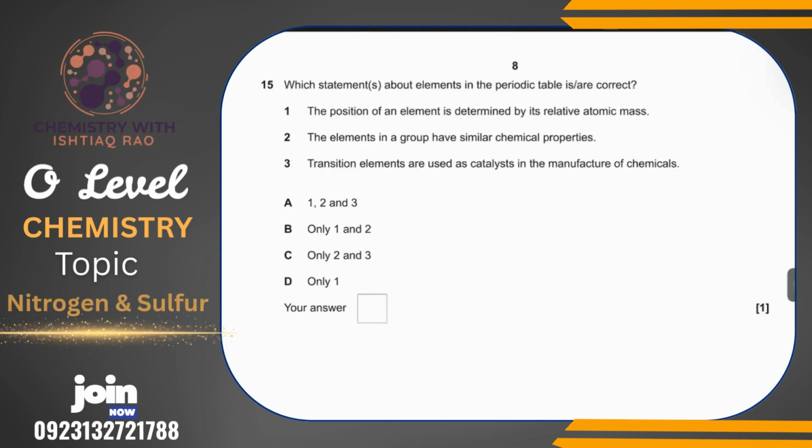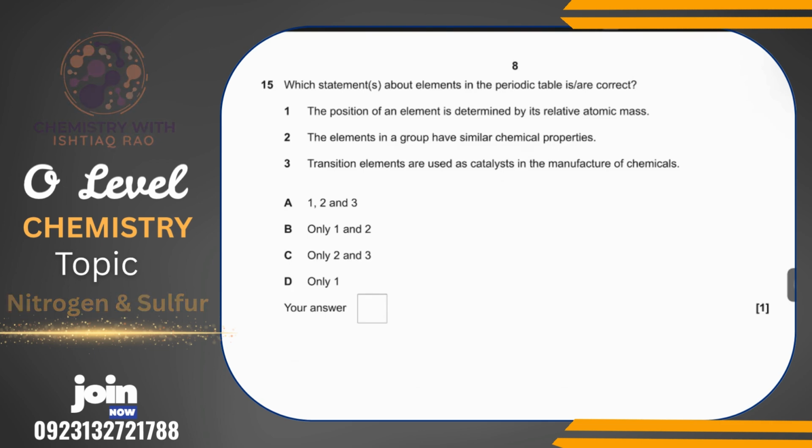Which statement about elements in the periodic table is correct? Number one, the position of an element is determined by its relative atomic mass. No, I think the position of an element in the periodic table is exactly determined by the proton number.